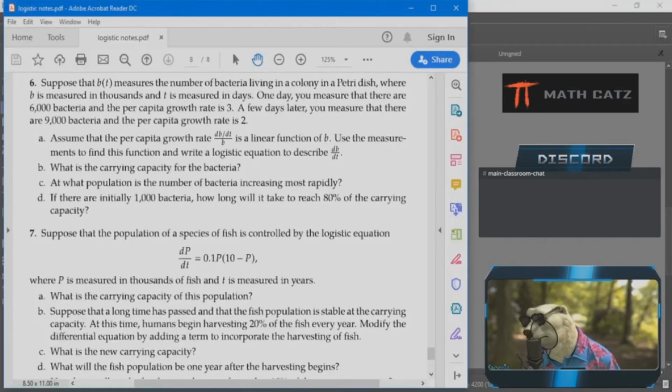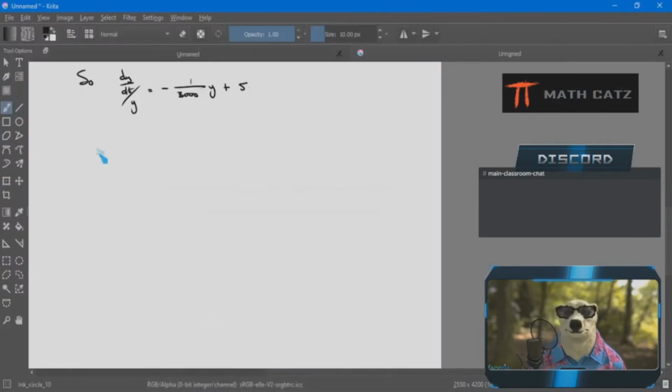Let me just check the question, not that we super care about it. We want to write the logistic model. All we have to do is multiply by y, both sides. dy/dt is therefore, how should I write it? I'm just going to keep them like this because we want them factored anyway.